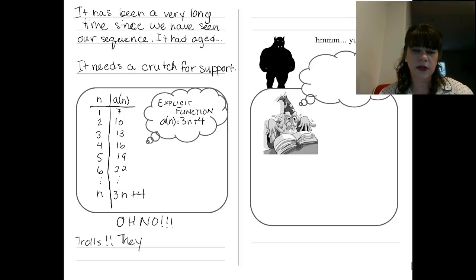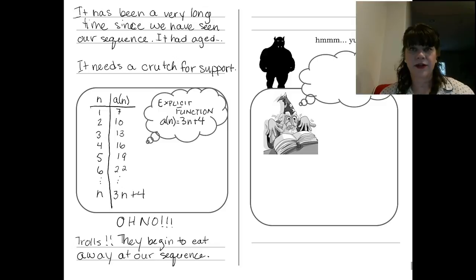Well, unfortunately, trolls tend to think that points are really yummy. So they begin to eat away at our sequence. Oh no, this is horrible. What's going to happen next? I'm dying to know. I bet you are too.